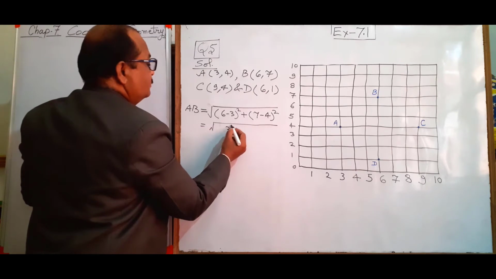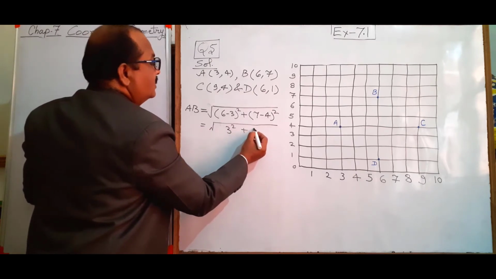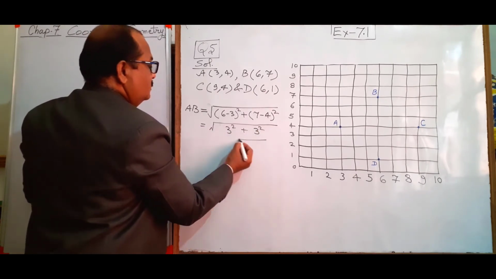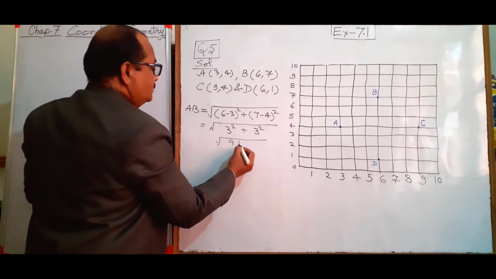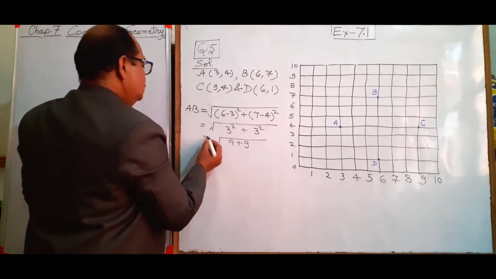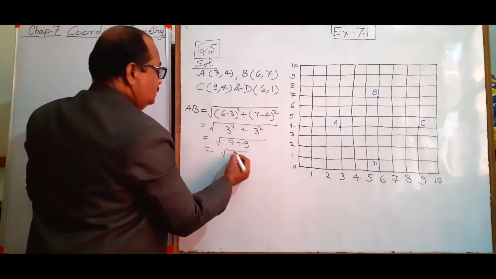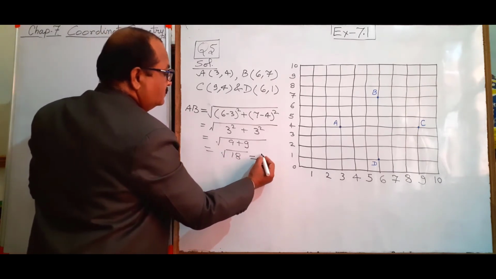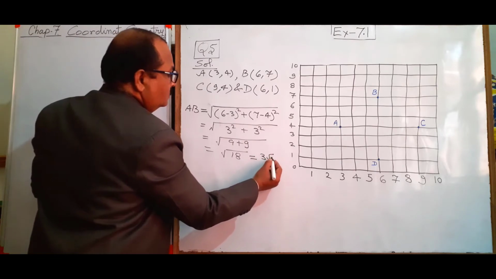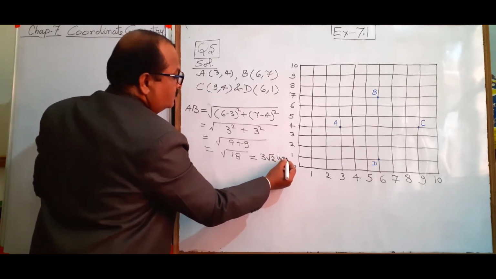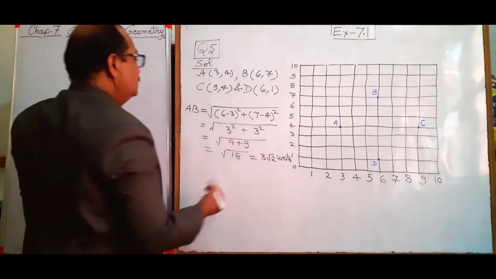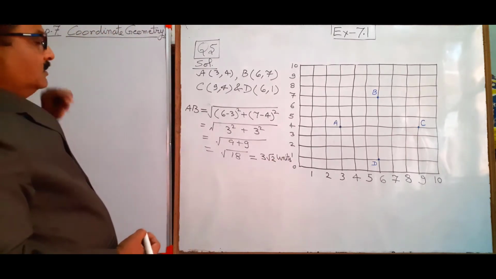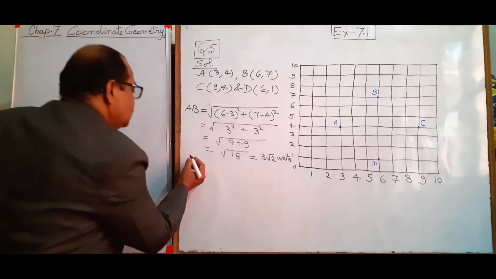It is 3 square, it is again 3 square. So 9 plus 9, that is 18. 18 can be written as 3 root 2 units. Again one more side, BC.